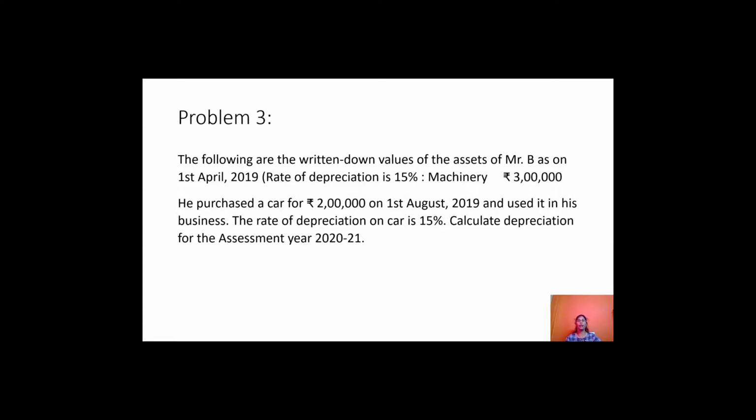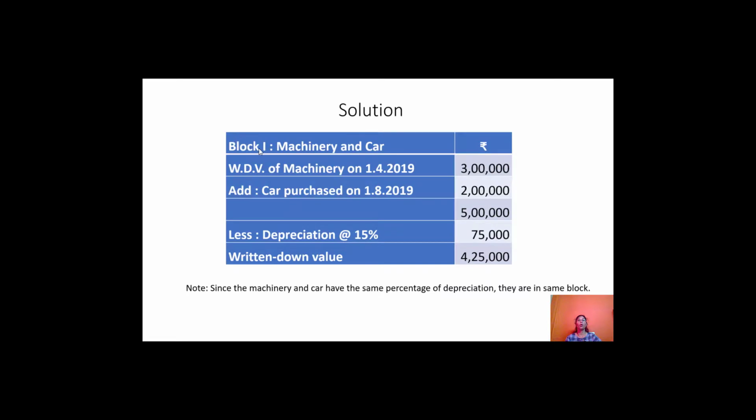Now let us calculate. So the block 1, machinery and car. Written down value of machinery on 1st April 2019, beginning of the previous year, is 3 lakh. Add the car purchased on 1st August 2019. So when it is in August, it is more than 180 days.